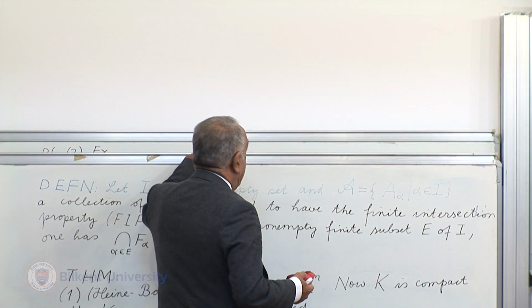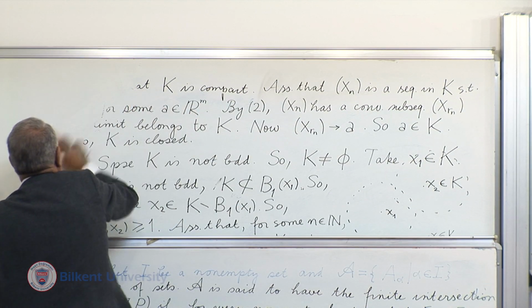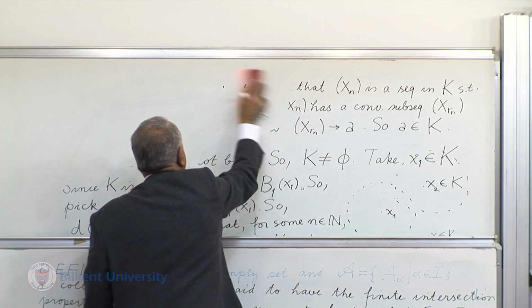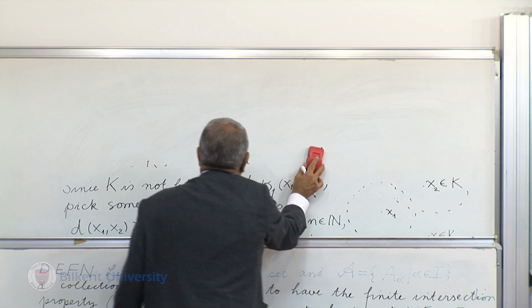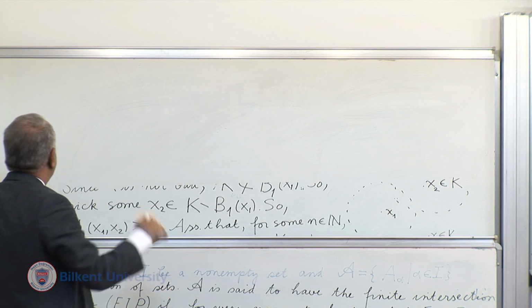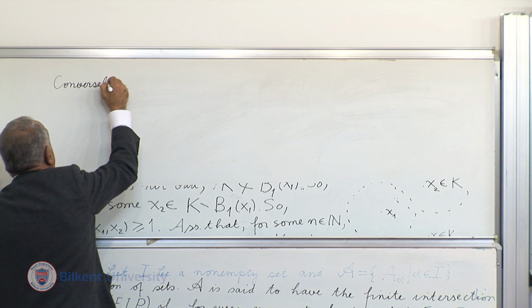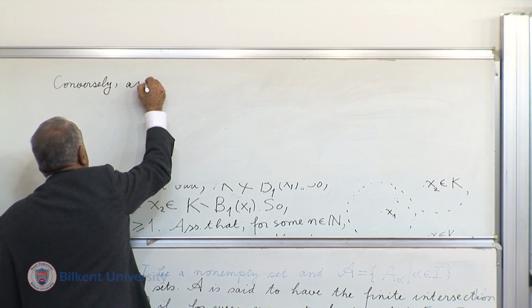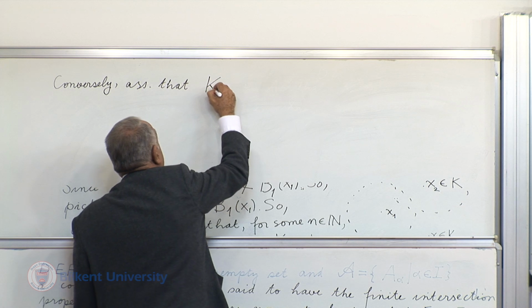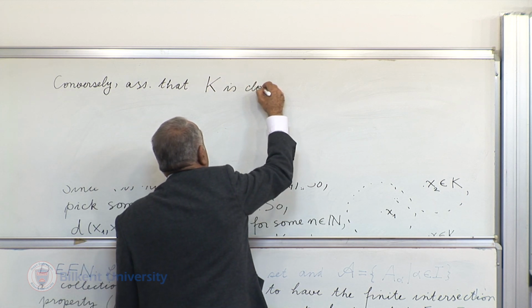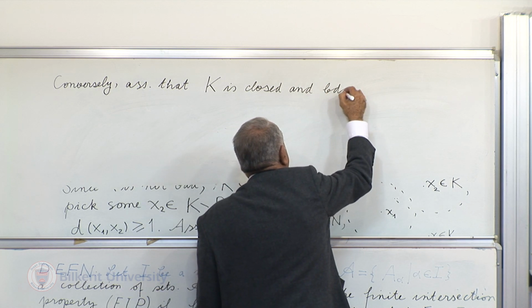Let me use this part. Conversely, assume that K is closed and bounded.